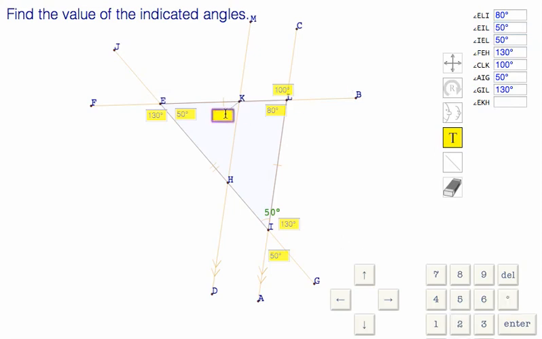And EKH is going to be corresponding to this angle down here, so it's 80 degrees. By corresponding, we mean this angle is corresponding to this angle. It makes what's called an F pattern. You find the two angles in the armpits of the F and they're congruent. Make sure everything has a degree symbol and then press enter.